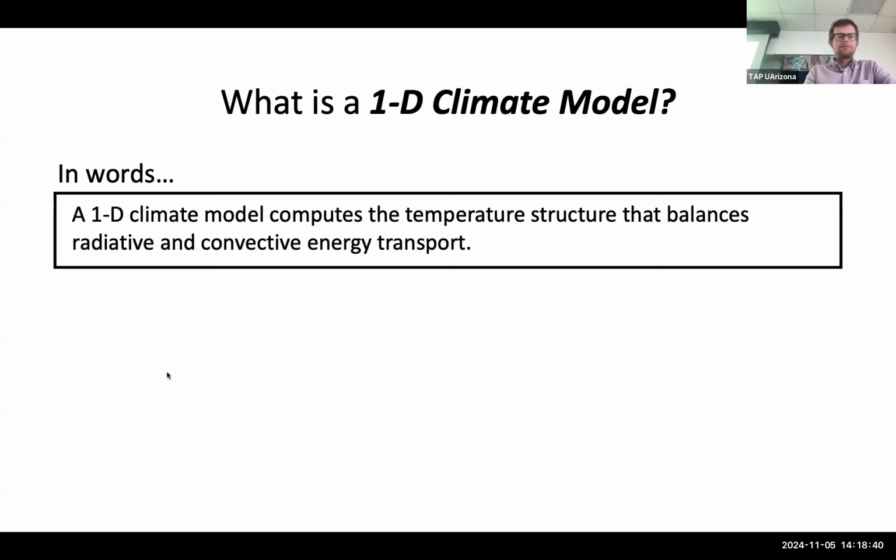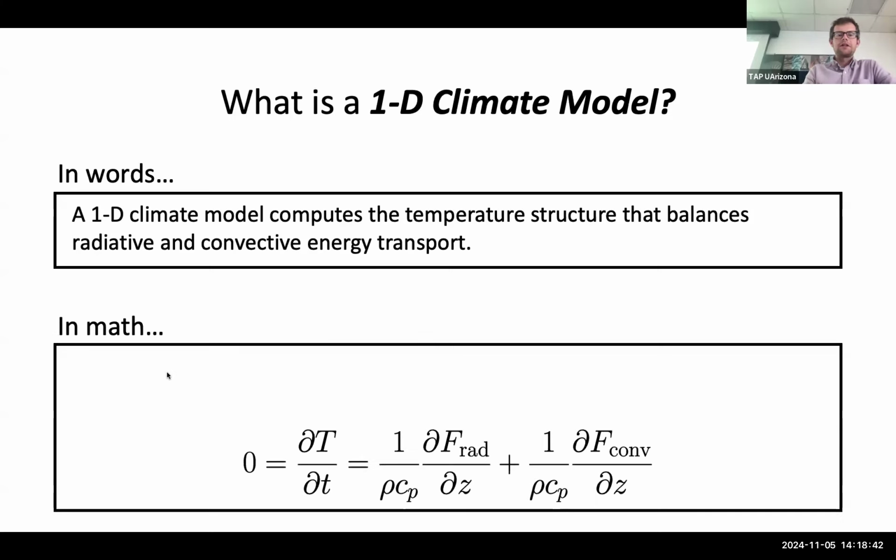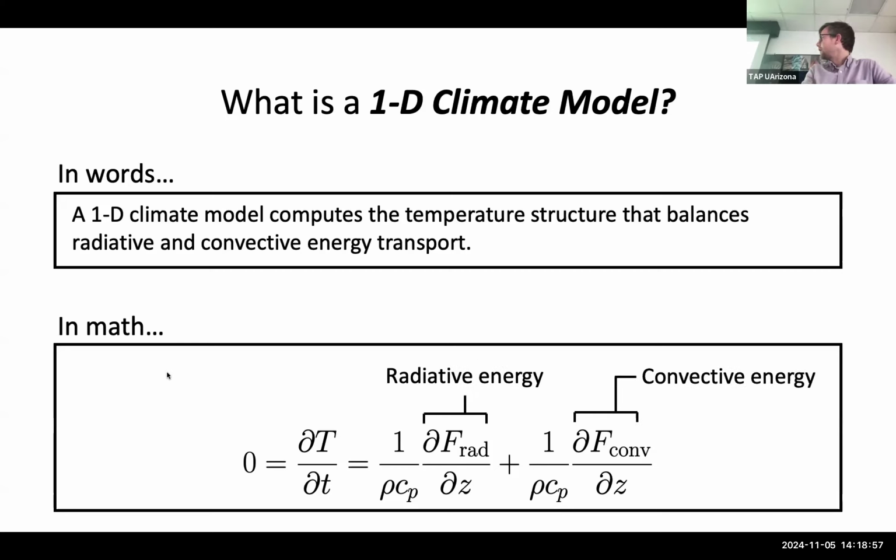The equation for climate modeling is pretty simple. It's this partial differential equation here, where you say the rate of change of temperature is equal to two things, radiative energy and convective energy. And this equation looks mysteriously simple, but it's not.